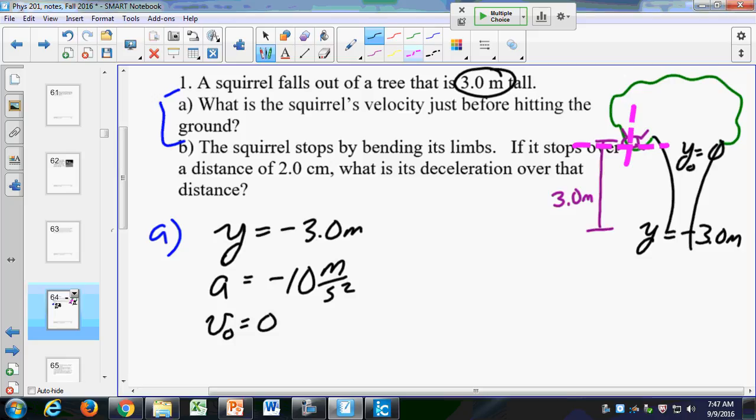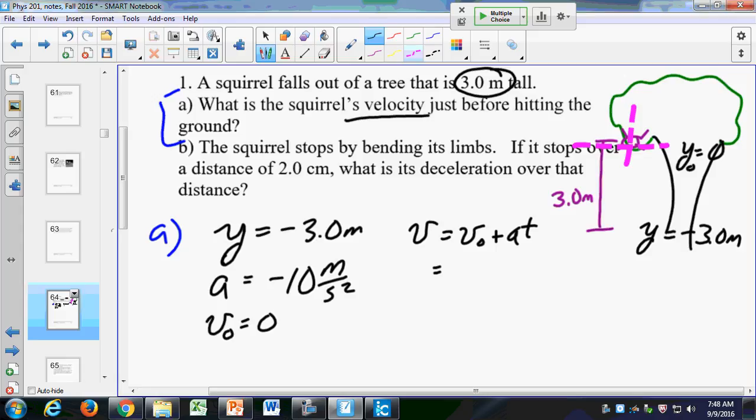All right. I'm looking for the squirrel's velocity. So this is just like the Red Bull problem. v equals v naught plus at. Oh, but goodness, I can't solve this because I don't know the time, right? So the first thing that I need to do is to find the time.